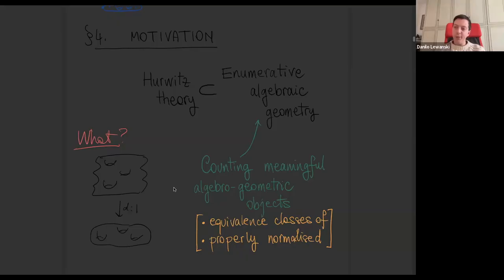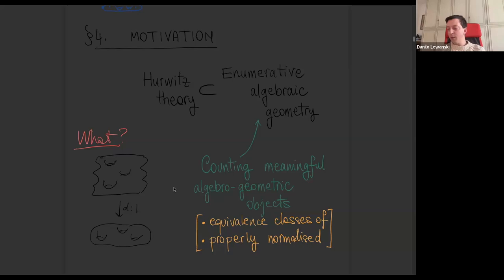Usually when you count things in enumerative algebraic geometry, you count up to automorphisms. You don't count honest individual coverings, but you count them as isomorphism classes of coverings. Furthermore, every time there is a cover or a class that is more symmetric than others, you divide by the number of automorphisms.